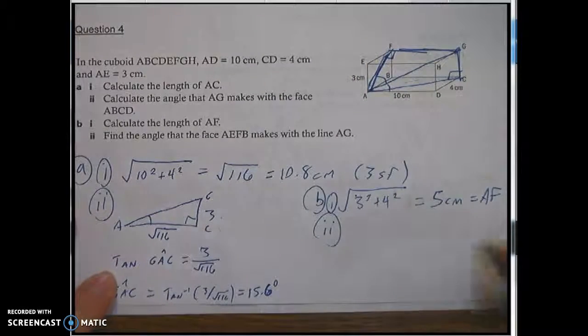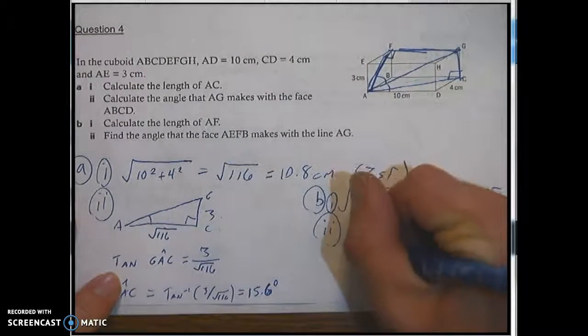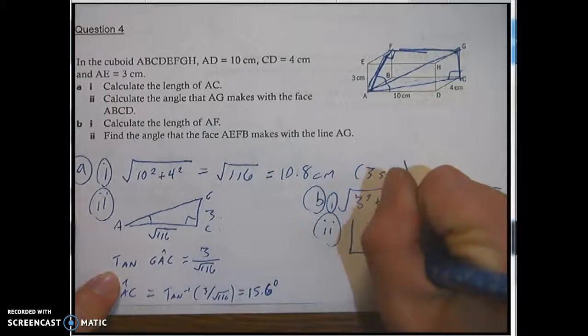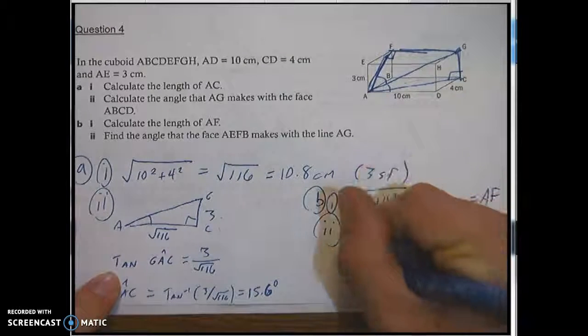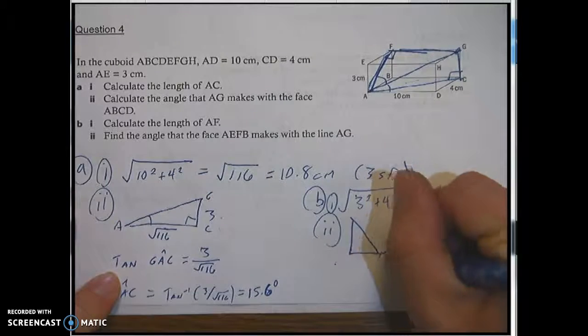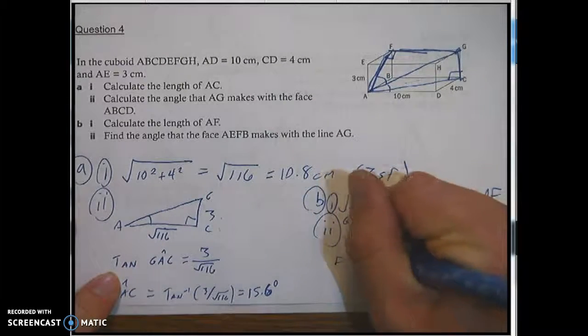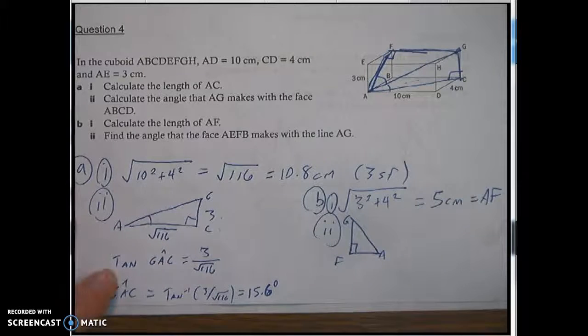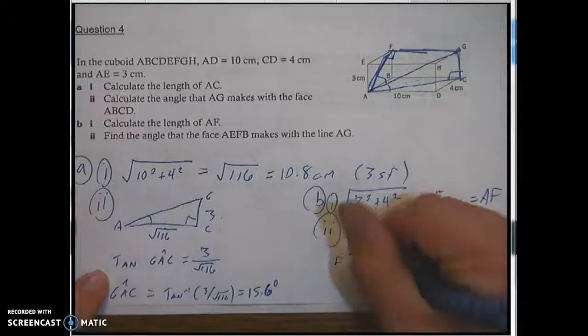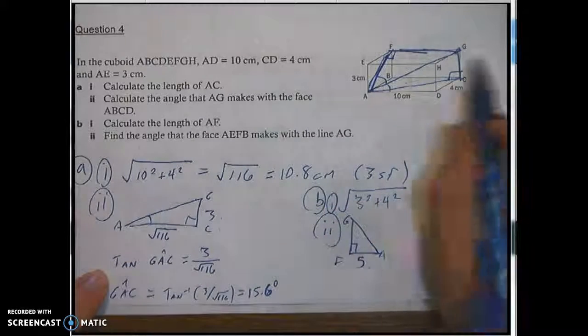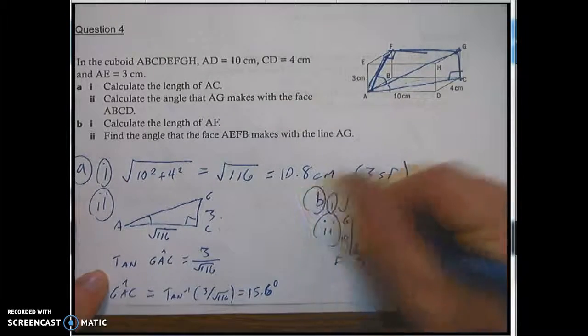I'm just going to redraw that right triangle really quick. So I've got my A over here, I've got my F, and I've got my G. And I know that from A to F, that's what I just found. A to F is 5. And from F to G, that's 10.